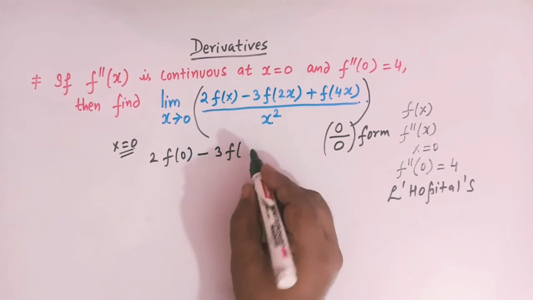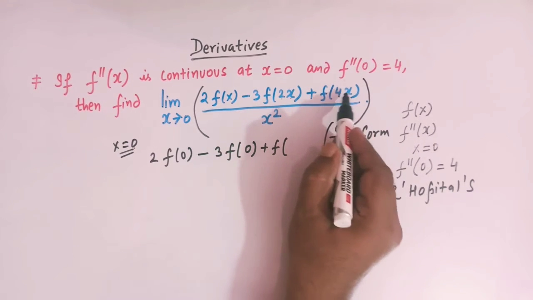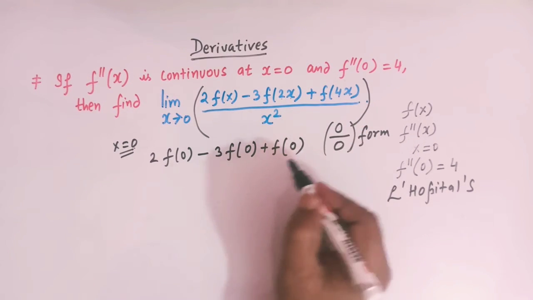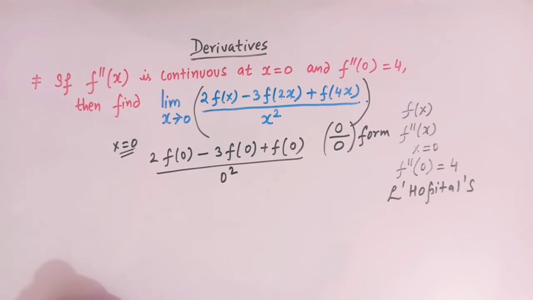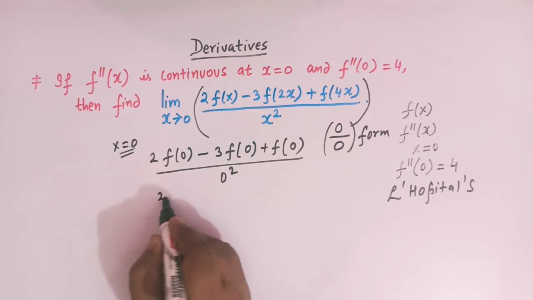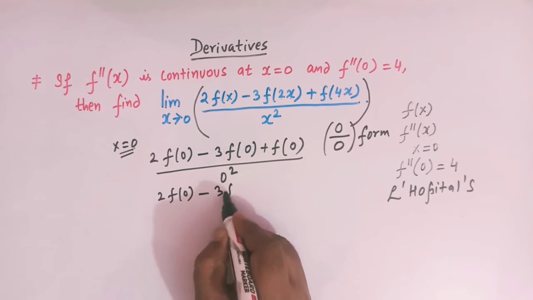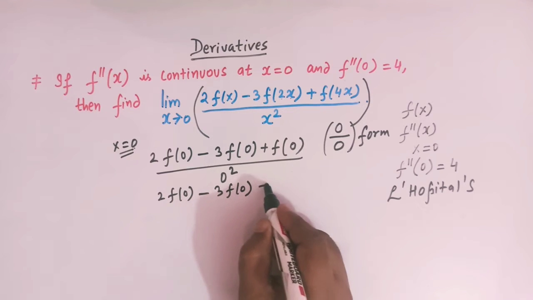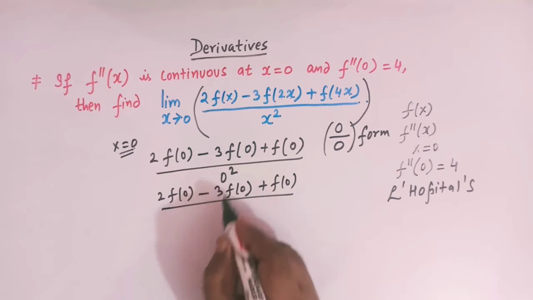So 2 times 0 is 0. And then we have f of 4 times 0, which is again 0. And in the denominator, we have 0 square, right? So 2 times f of 0 minus, here we have 3 times f of 0. And here we have f of 0 divided by 0 square is 0.